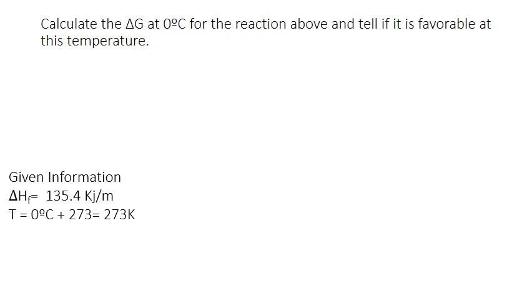To convert the Celsius temperature, as you recall, you're going to add to that 273. So 0 plus 273 would give us a Kelvin temperature of 273 Kelvin. And our delta S was 334.2. Again, we are going to convert that to kilojoules, so we'll move the decimal 3 places to the left and get 0.3342 kilojoules.